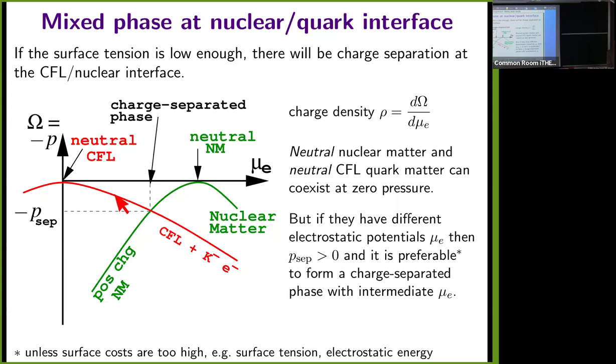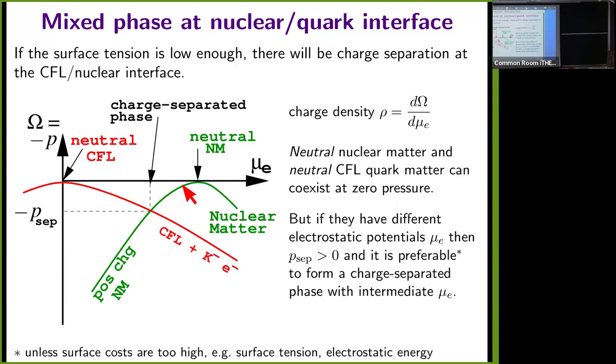But in this case, you can have some charge, because this is negatively charged quark matter if the chemical potential is going along here. At the same chemical potential, what's going on with the nuclear matter? At that chemical potential, you're deviating away from neutral nuclear matter, but you're deviating this way, and now you're making positively charged nuclear matter.